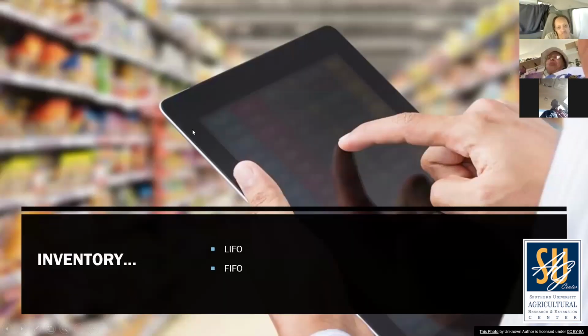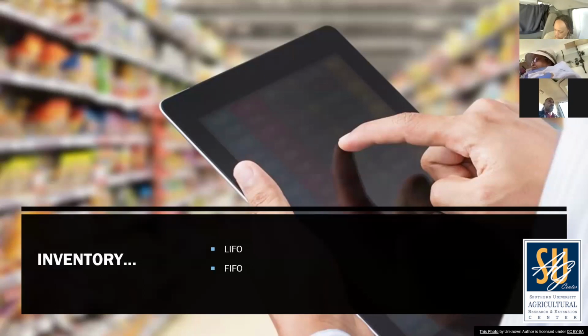And then we have the inventory. Inventory is anything that you will have stocked away, put away. We have the LIFO method and the FIFO method. LIFO is last in, first out, and FIFO is first in, first out.